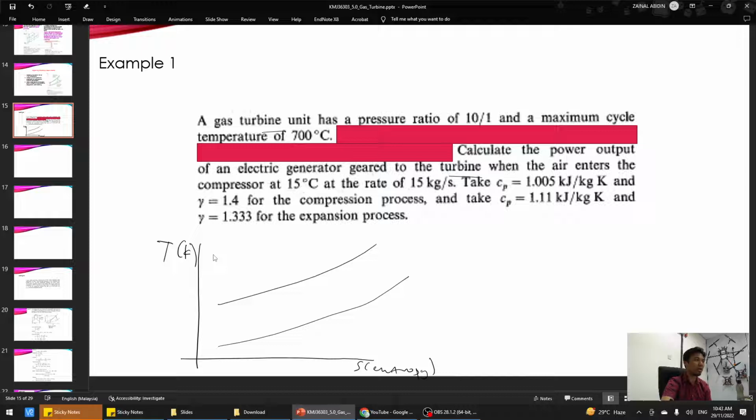This first line is referring to a pressure line. The second line here is also a pressure line, but the lower line represents the lower pressure and the higher line represents the higher pressure. So the lower line here is the low pressure. Here is the air intake.